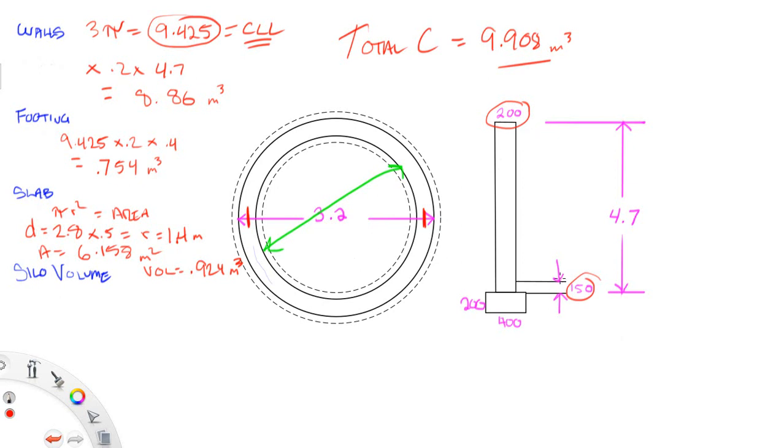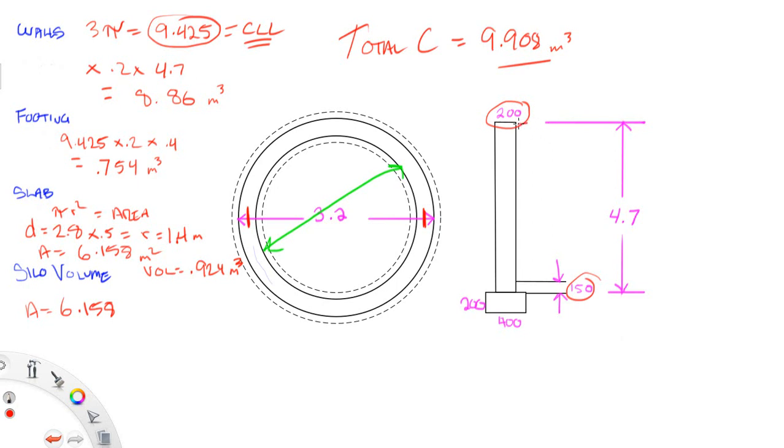Now the last calculation that we will do will be the volume of our silo. How much material will fit in our silo? In cubic meters and kiloliters, it will be the same number. So for our silo volume, we take the area that we've already calculated for our slab base, since we have to get the inside area of our silo. So we already have an area of 6.158. Now we have to multiply that area by the depth of our silo.